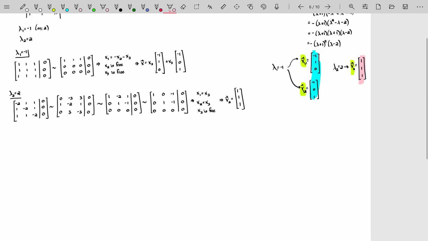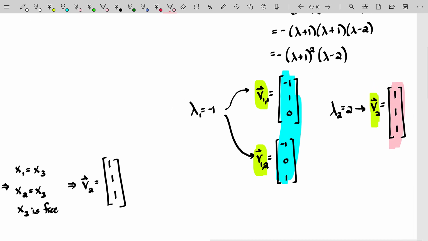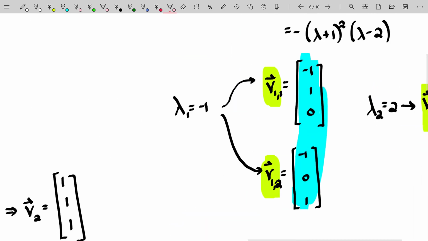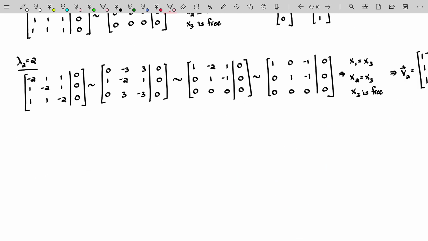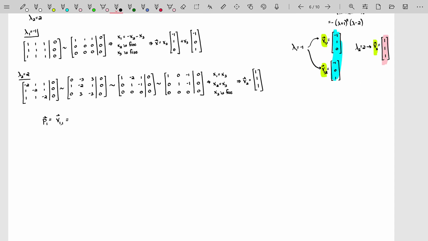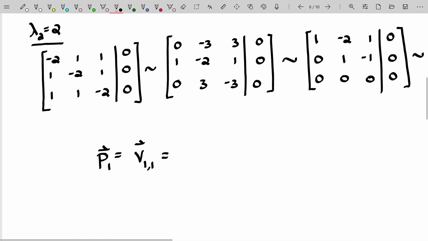Welcome back to it, right? Remember the Gram-Schmidt process: we take these vectors and choose one of them to be the anchor vector. I will just randomly choose v sub 1,1. Since I'm placing that in the matrix P, I'm going to call it P sub 1. So P sub 1 equals v sub 1,1, which is negative 1, 1, 0.